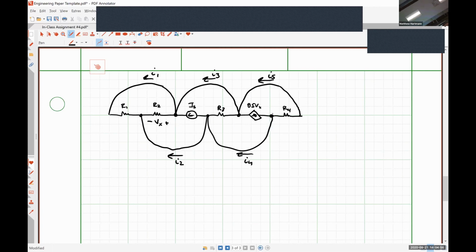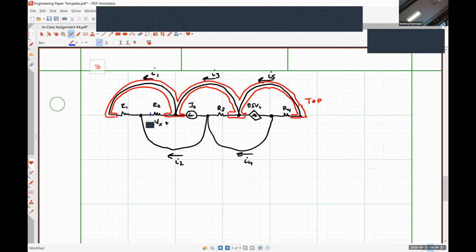So you're told in the problem statement that this is a single node pair circuit. So I'm going to go ahead and prove that because it will help. So the node I've outlined here in red will be our top node.